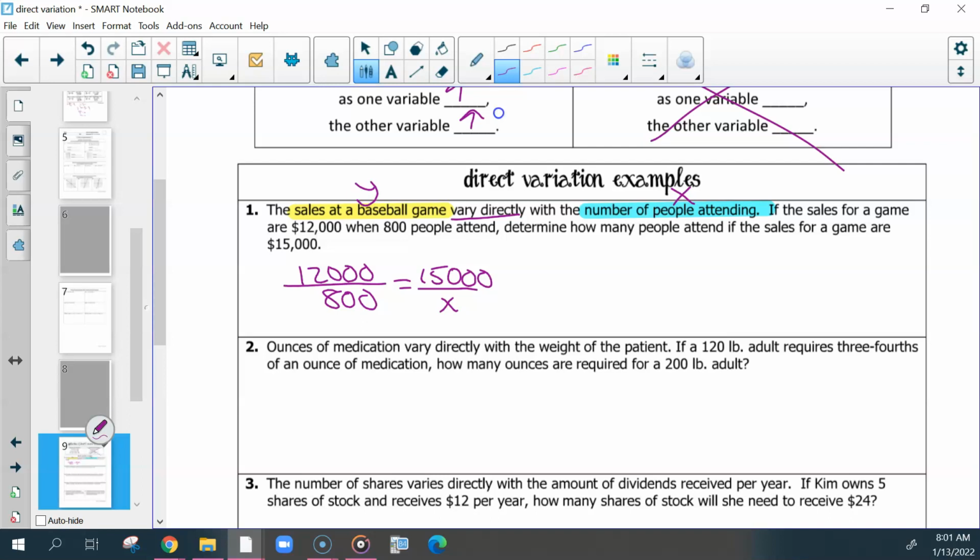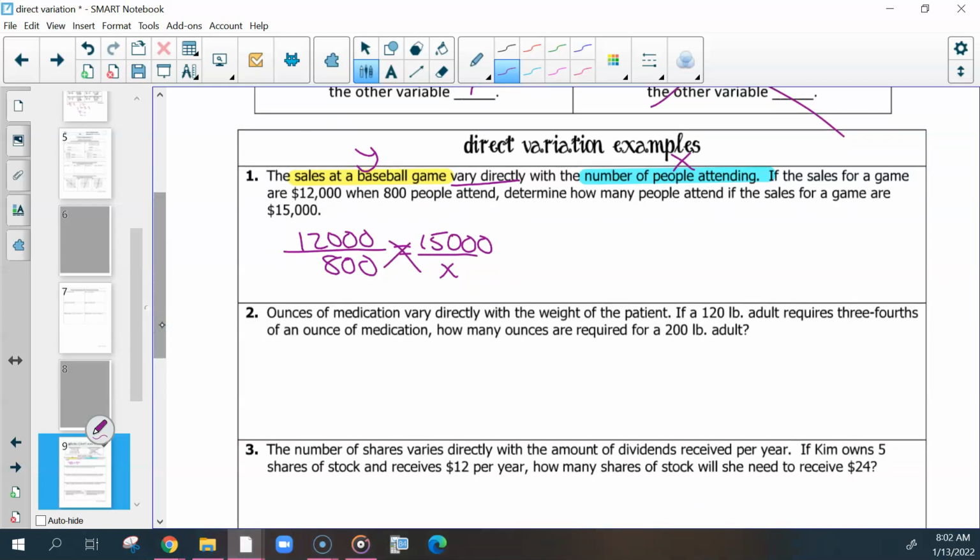So we could cross multiply. I'm doing this from memory, so if this is not right, correct me. So this one I think was 12,000 X equals 12 million. We're multiplying 800 by 15,000.